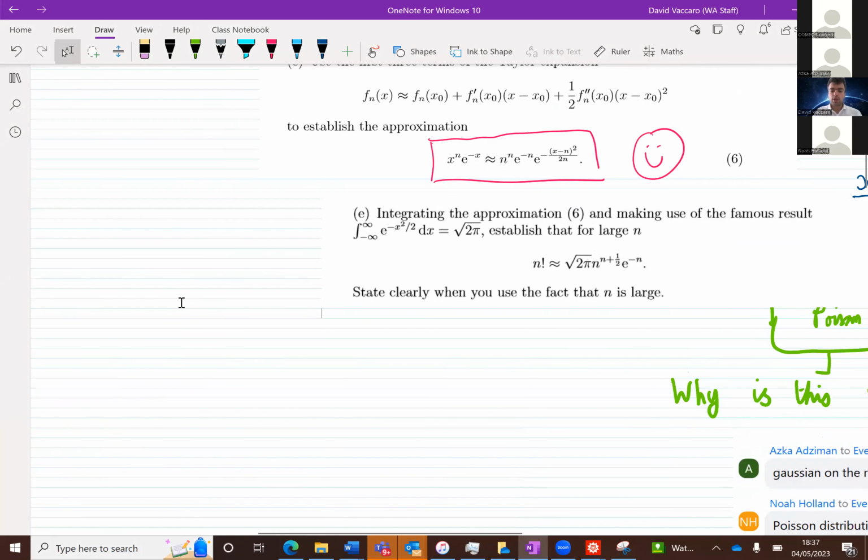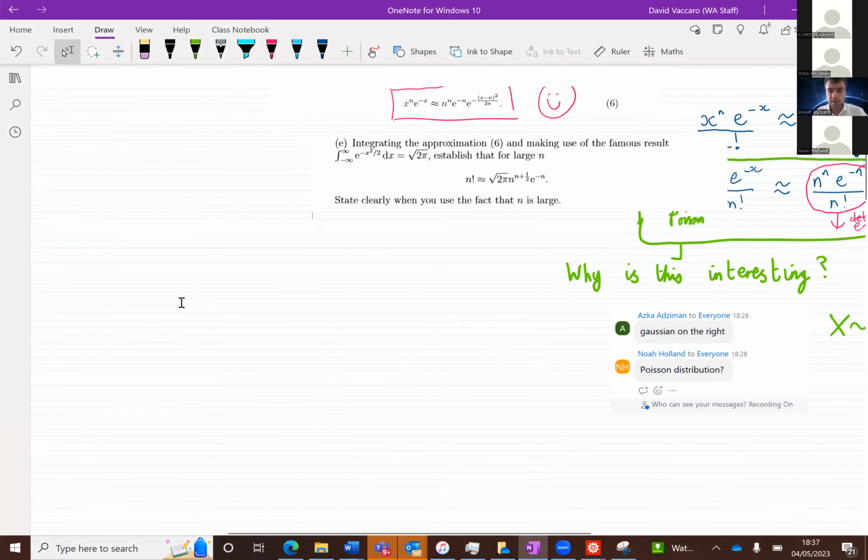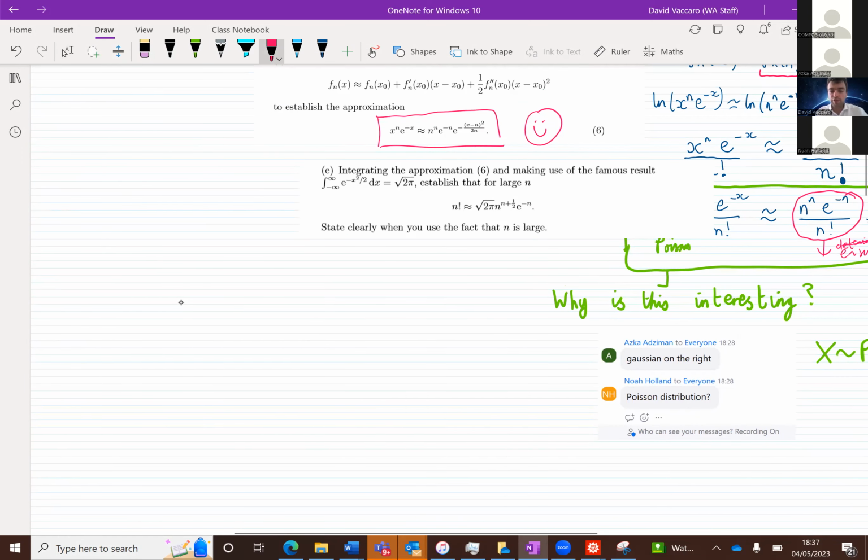It then says, integrating the approximation 6, so this approximation here, and making use of the famous result that the integral from minus infinity to infinity of e to the minus x squared over 2 is root 2 pi, establish this approximation. So let's do that. If we just integrate both sides of the approximation, assuming, and this is the sort of thing you'll be much sharper about when you go to university, that the integral of two things which are approximately equal are approximately equal, then we integrate from 0 to infinity of n to the n e to the minus n e to the power of minus (x minus n) squared over 2n dx.